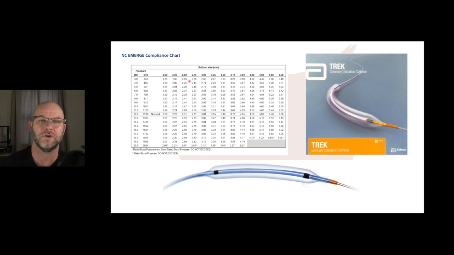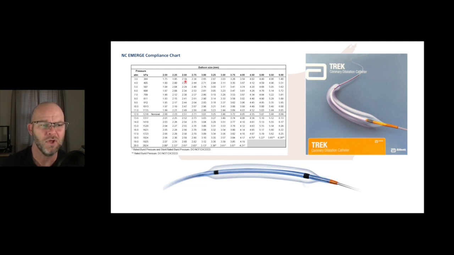Your compliant balloons will grow greater. Your non-compliant balloons will grow, but they get firmer. They're a harder type of material, and they're good for reshaping stents, expanding stents, pushing that metal around. Whereas a compliant balloon lets you see what's inside the wall, what we're actually dealing with.